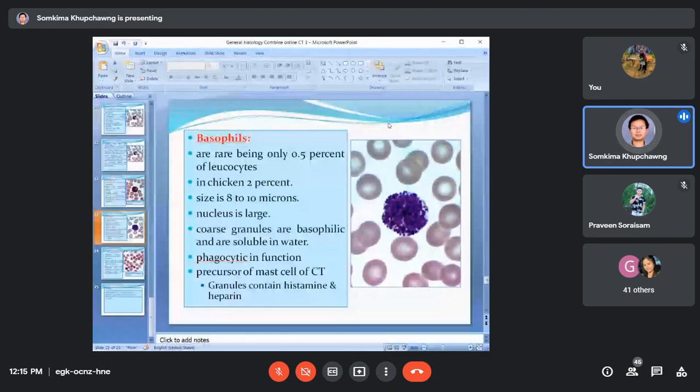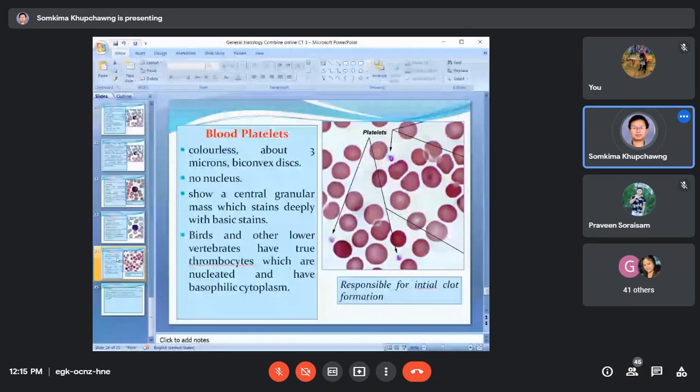So next is the blood platelets. Platelets are colorless, about 3 microns, much smaller than RBC. Biconvex disc, no nucleus like RBC. The granular mass stains with basic stain.